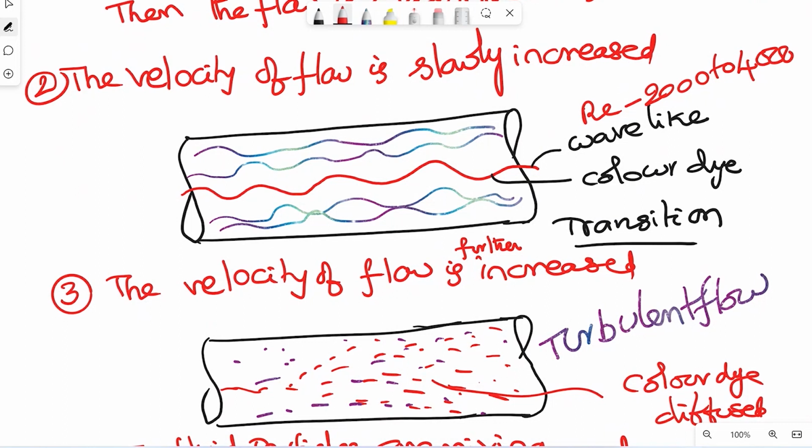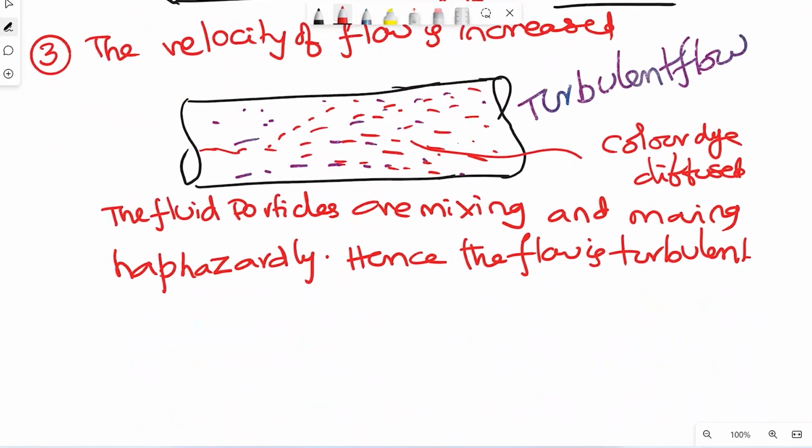Now the last one, which we call turbulent flow, has Reynolds number greater than 4000. This experiment is really important. Here I have not taken it fully into the experiment, because it is not exactly at 4000 that you get turbulent flow. Immediately after the Reynolds number crosses that, you get the turbulent flow.